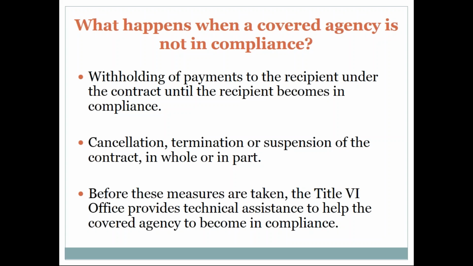And I know that for most of our organizations, federal funding is a very big deal because there's not a lot of funding for victim services, and the money that we have is incredibly important. So, not only is it vitally important to follow Title VI just to make sure that you are appropriately and completely and equitably serving clients, for your continued funding, it's important that you follow these rules.